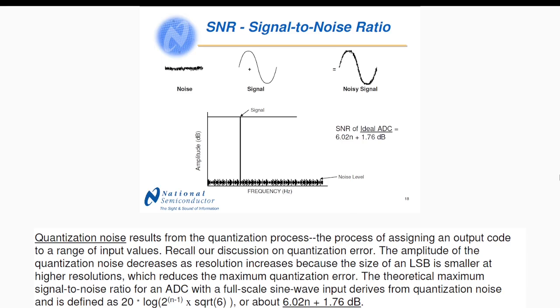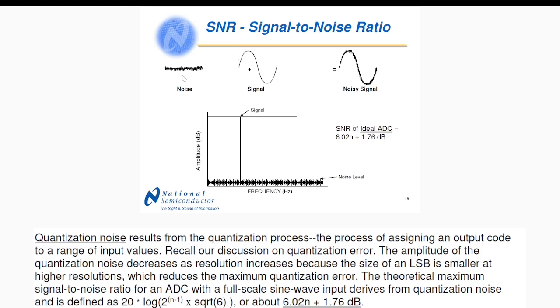So signal to noise ratio, I'm pretty sure you have done and are familiar with this term in your prior courses, but we are just discussing it here. This is a pure signal, but that's never going to happen. Even from signal generators you expect noise.